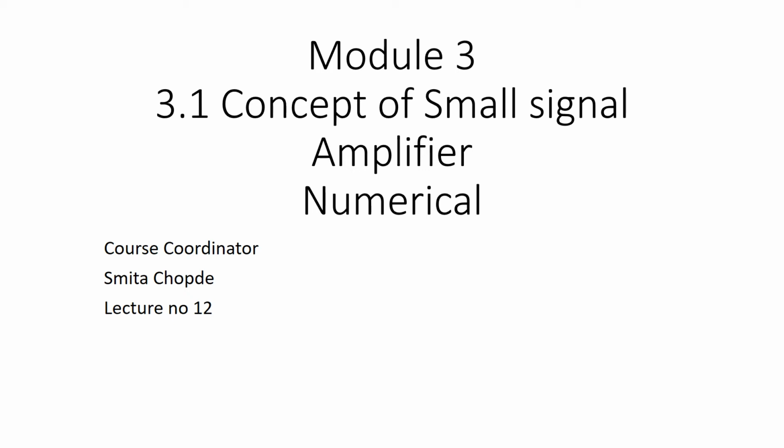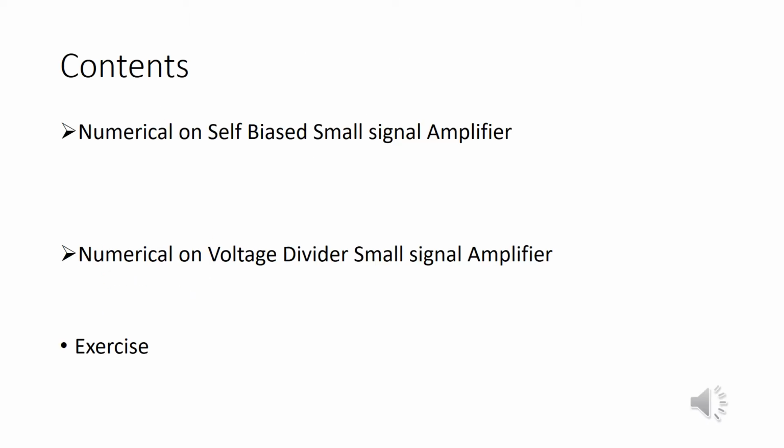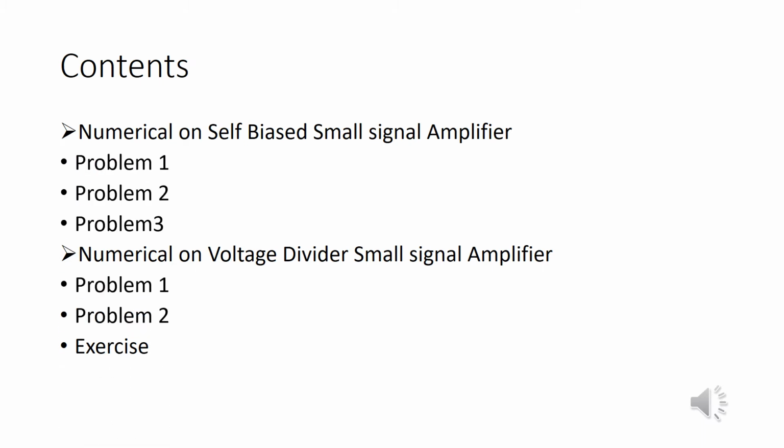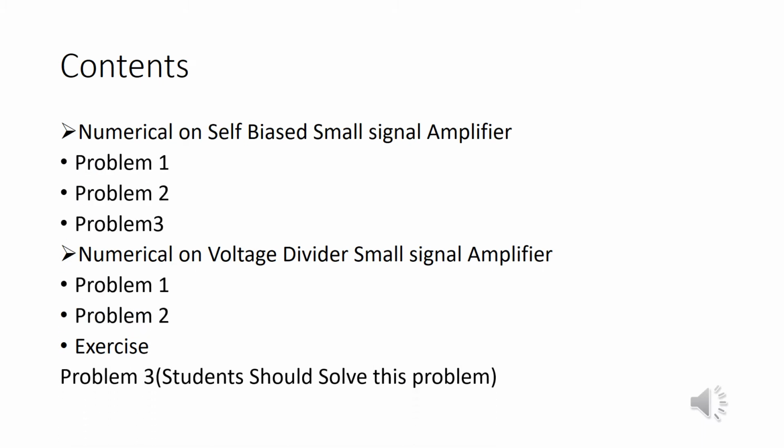In continuation with the concepts of small signal amplifier, we'll solve some problems based on biasing of the bipolar junction transistor. The contents are numericals on self bias small signal amplifier.